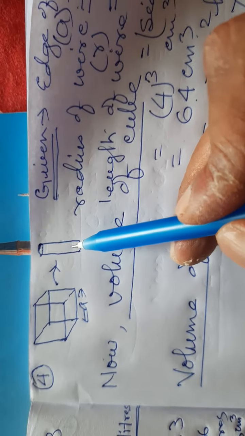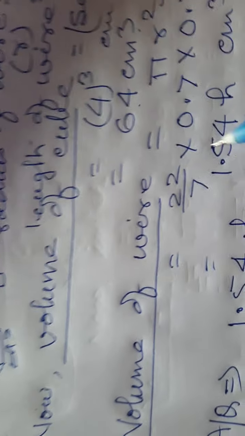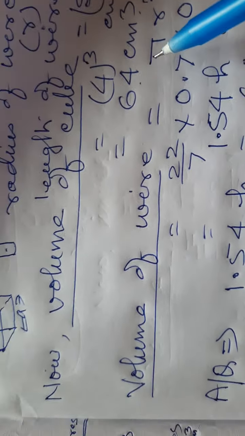Now, the volume of the cylindrical wire is pi r square h. Putting values, pi 22 by 7, r 0.7 into r square, 0.7 into 0.7, and into h centimeter cube. That is equal to 1.54 h centimeter cube.